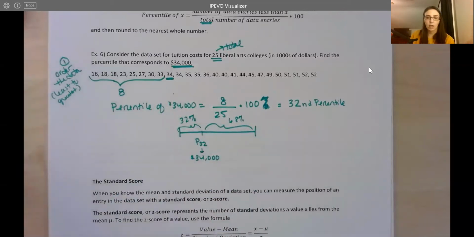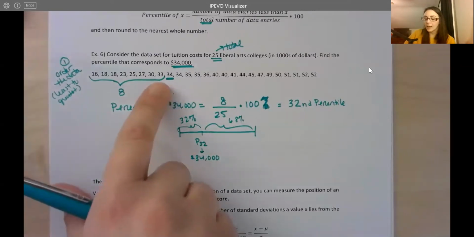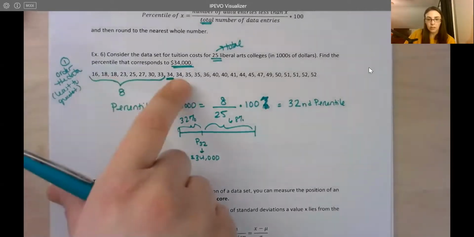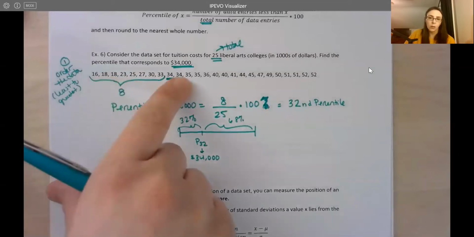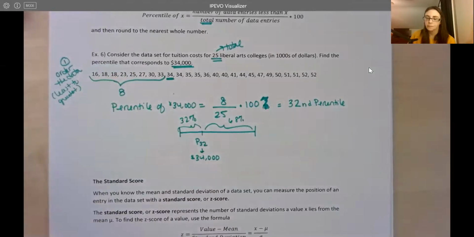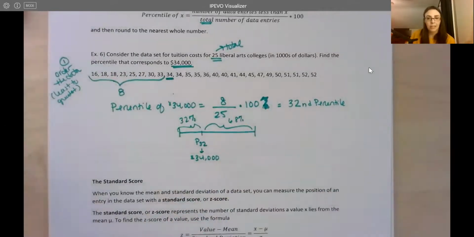But if you were using technology, do know that there are various ways that you can do it, just like with quartiles. So if you get slightly different results, it's not that it's necessarily wrong. It's just that you can either exclude the end points, so like I'm not including 34, or you could include them and you get different results there. So we'll go with this version, which is what your text recommends.